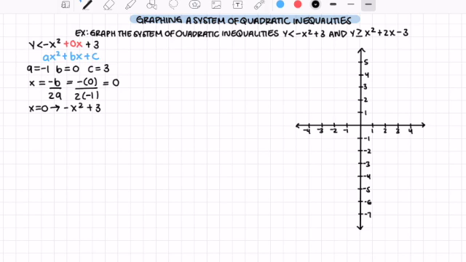And when I do that, I get negative 0 squared plus 3, and that just equals positive 3. So my vertex has to be 0, comma, positive 3. Cool. And if I were to graph that out, that would be right here, 0, comma, 3.